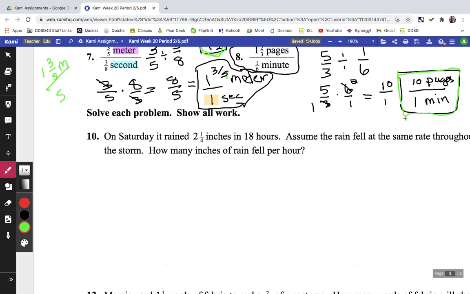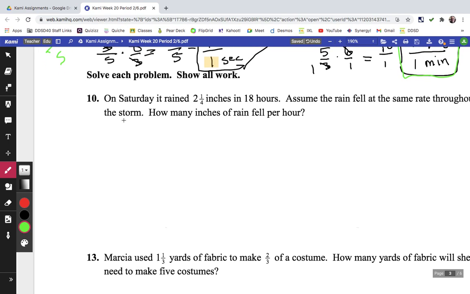Okay, let's look at problem number 10. 2 1/4 inches in 18 hours. And we want to know per hour.